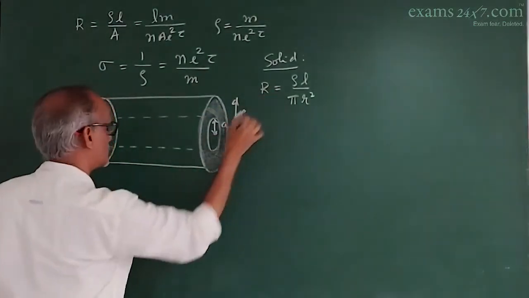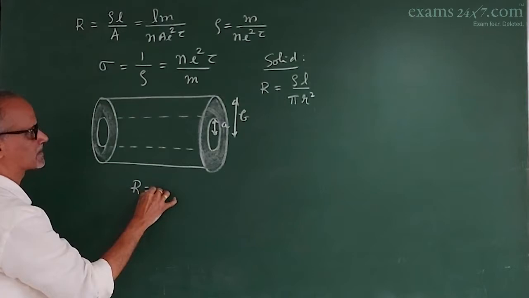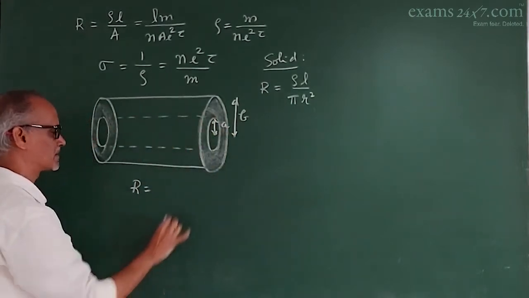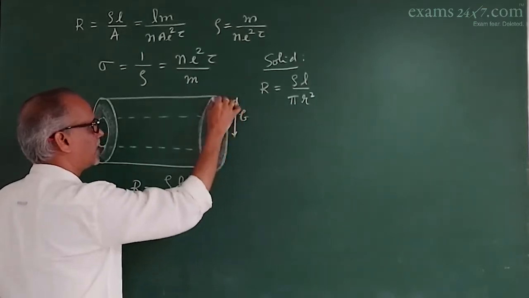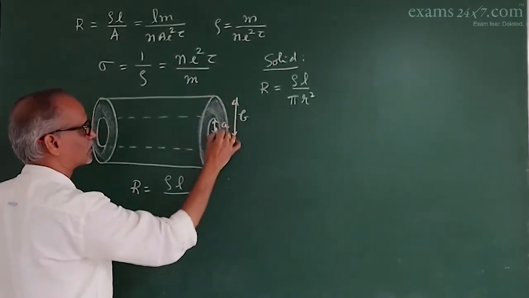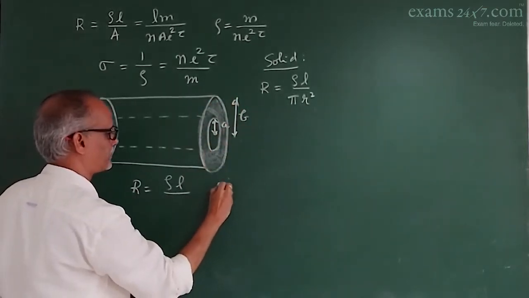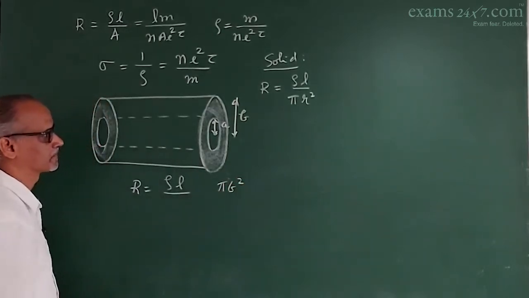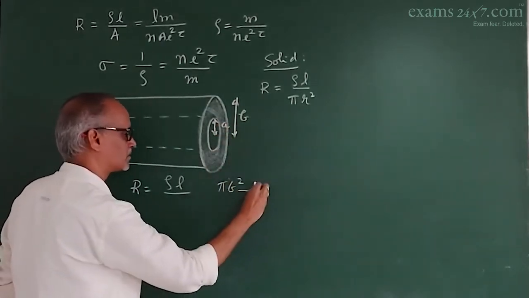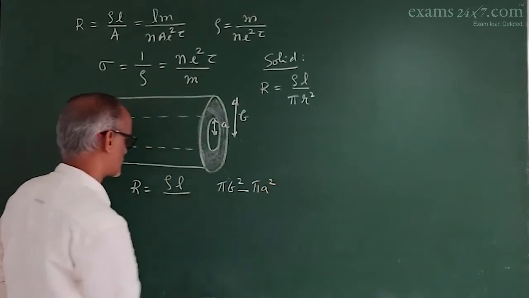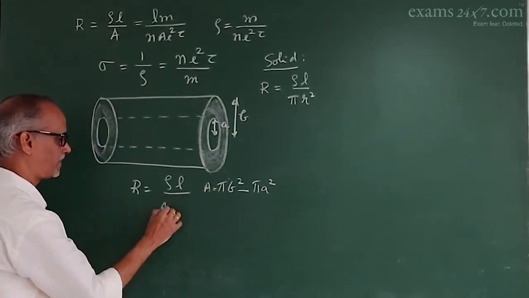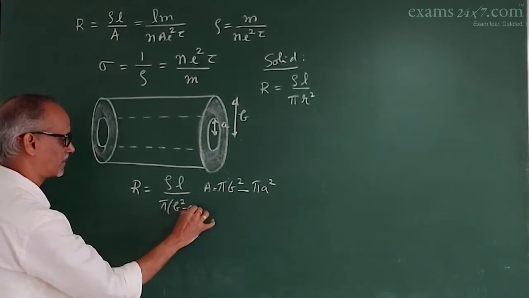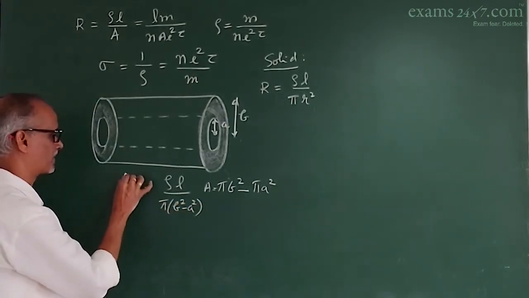Then the resistance of such a hollow cylindrical wire is given by rho L by the area of the entire portion, which is pi B square, minus the area of the hollow, which is pi A square. So therefore the effective area is nothing but pi into B square minus A square.